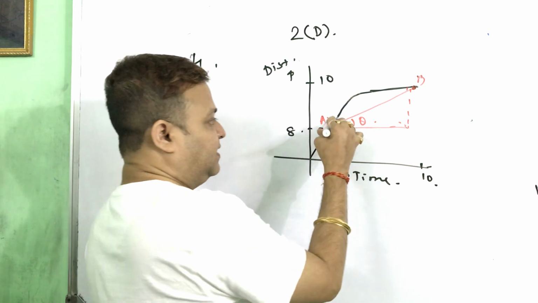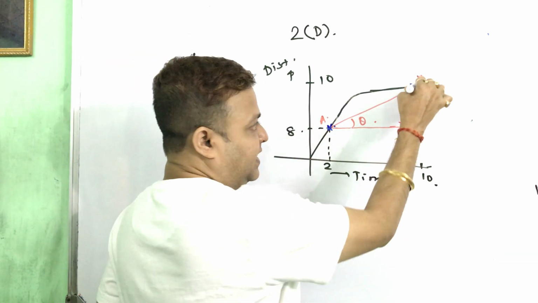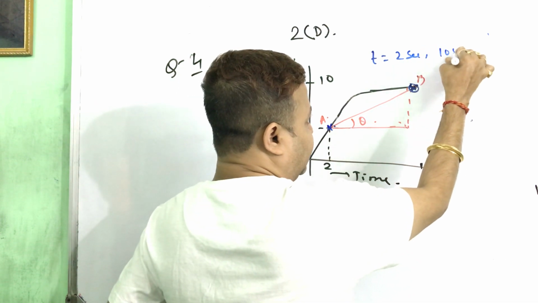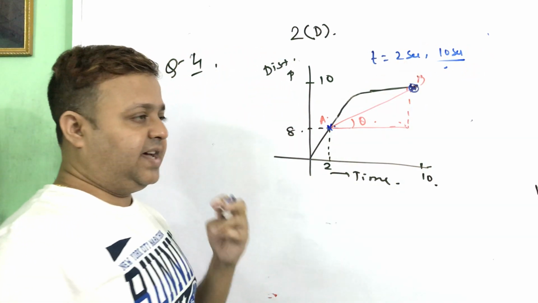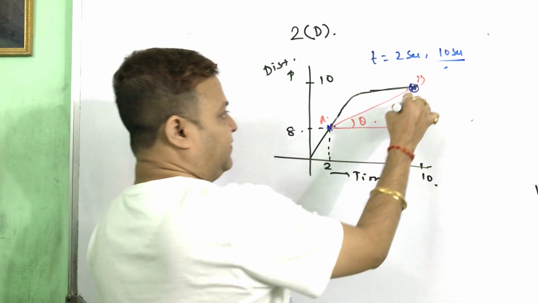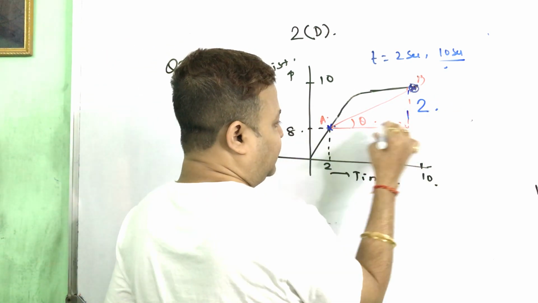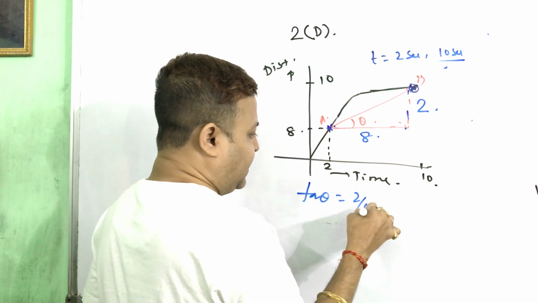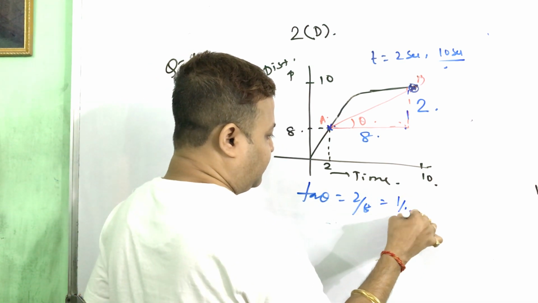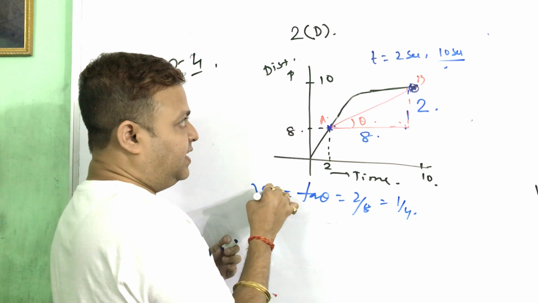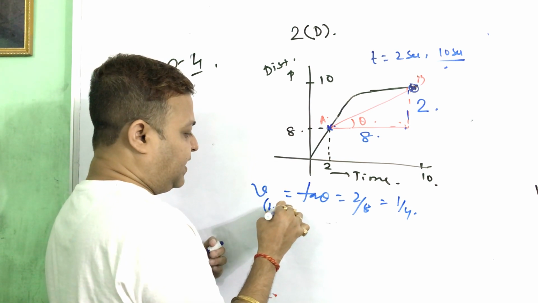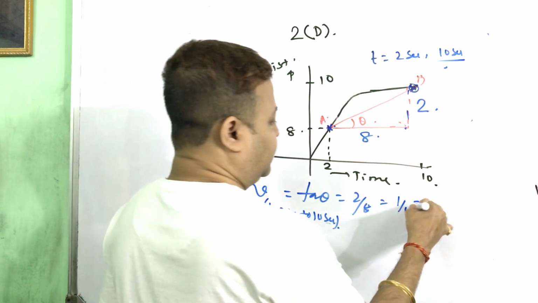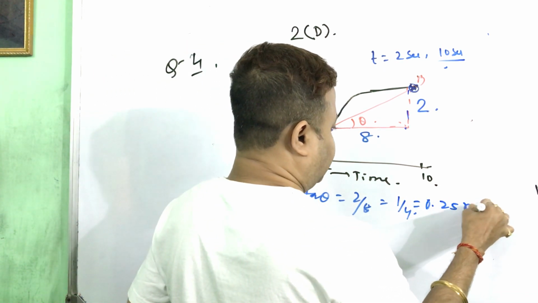Within this period we have to find the average speed. This is 2 and this is 8. So tan theta equals 2 by 8, that is 1/4. That is the speed during 2 second to 10 second, 0.25 meter per second.